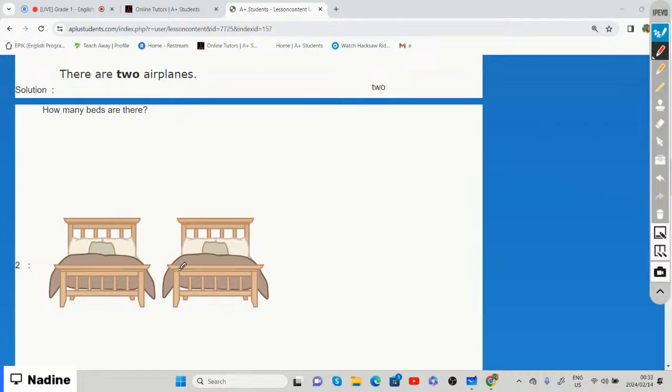If we look at the amount of beds, it'll be like one, two, and you tell yourself, how many beds are there? There are two beds.